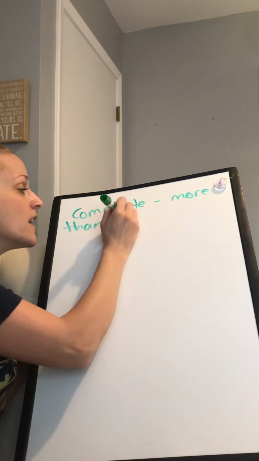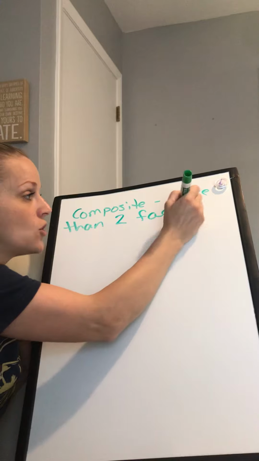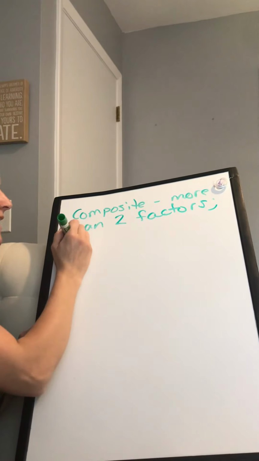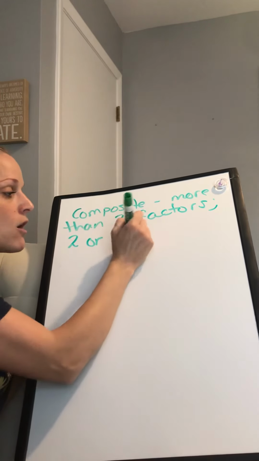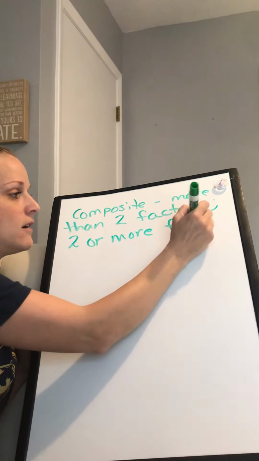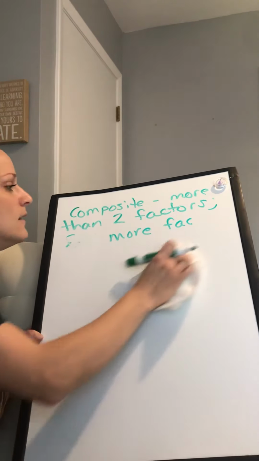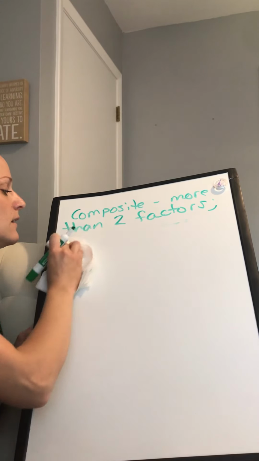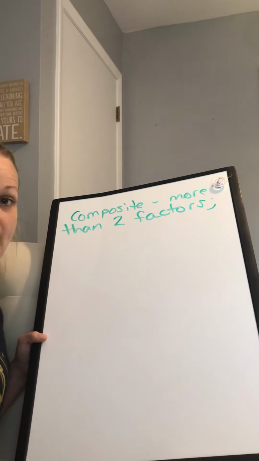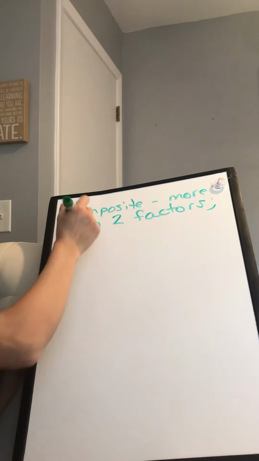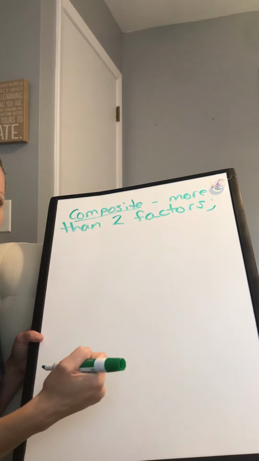So more than 2 factors. Or you could say that as it has 2 or more. I'm sorry. You could also say 2 and more factors, okay? So composite, more than 2 factors.